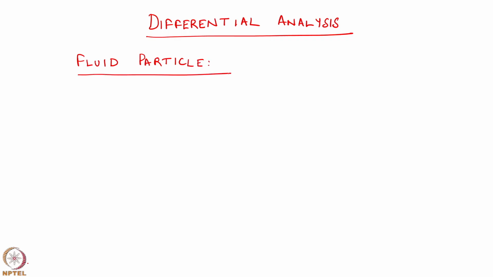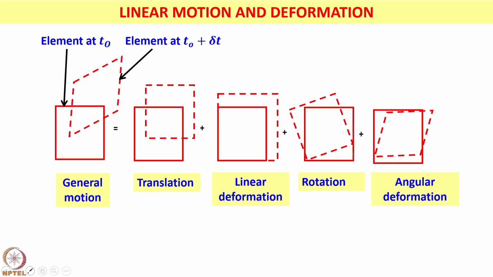So what all things can happen? The general motion can undergo translation. That means it just translates, and there is no change in the shape. In linear deformation, the surfaces which are perpendicular remain perpendicular, but there can be stretching or compression.